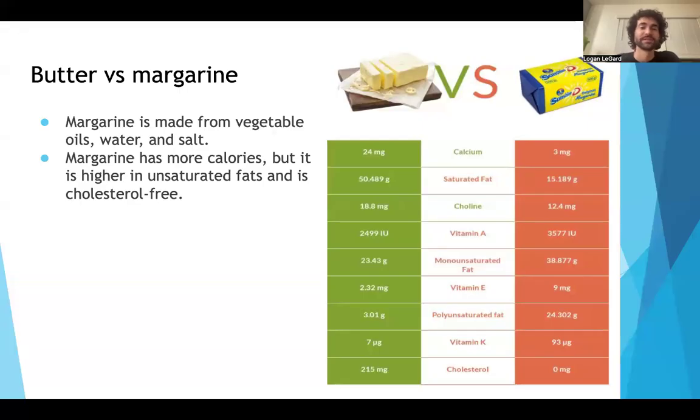Butter versus margarine: margarine is made from vegetable oils, water, and salt. Margarine has more calories, but it is higher in unsaturated fats and is cholesterol free. So there are pros and cons of both of these, and this chart shows different levels of each of these nutrients in each of them.